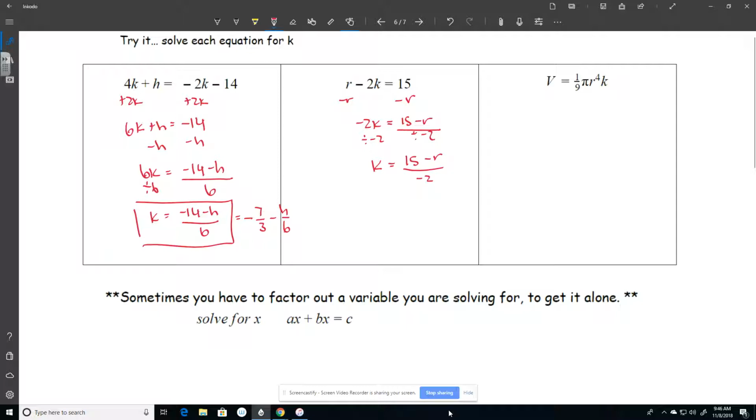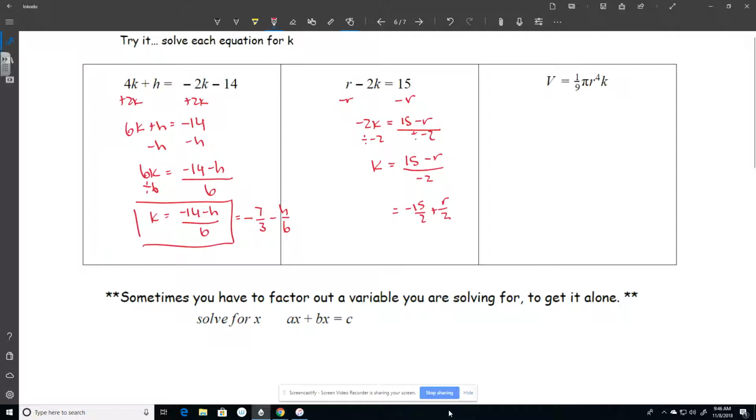Don't forget that fraction bar there, because you have to divide everything by -2. I'm okay with that answer. If it wants it simplified more, you could have -15 over 2 plus r over 2. But I like this one better. It looks cleaner to me.